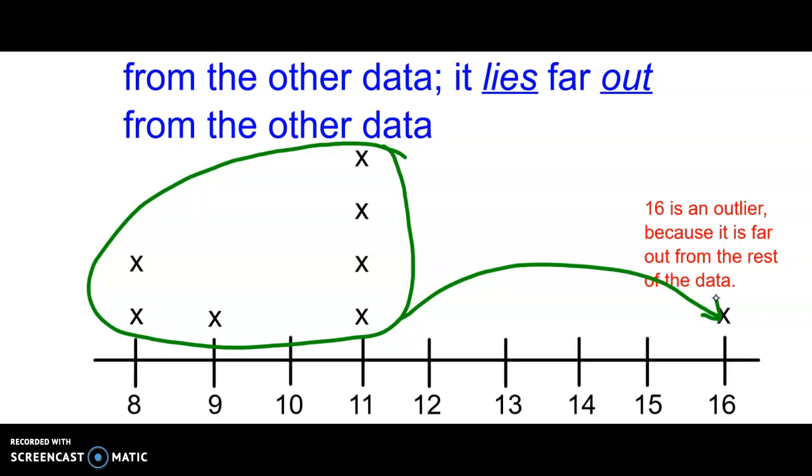When we say far away, we're talking more than 3 or 4 numbers distance from everything else. Technically you could have 2 outliers, if there's something far away to the left and something far away to the right, but usually there's just 1 outlier, and there doesn't have to be an outlier in your data set. It's just something that might happen.